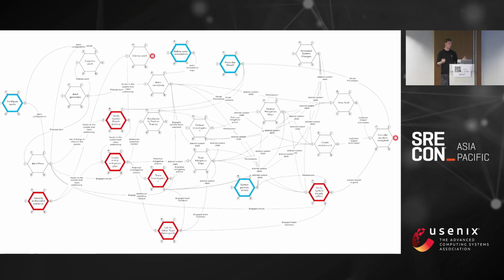But in this case, we've got an example of a system. You've got alerts that are configured. Alerts can fire. They can be suppressed. A human checks them. They can escalate to their team. They can escalate to a partner team. Unrelated system changes can come in and touch a bunch of things.